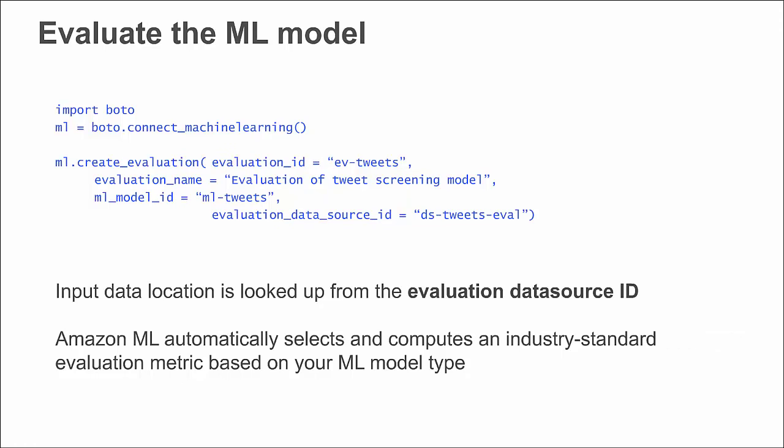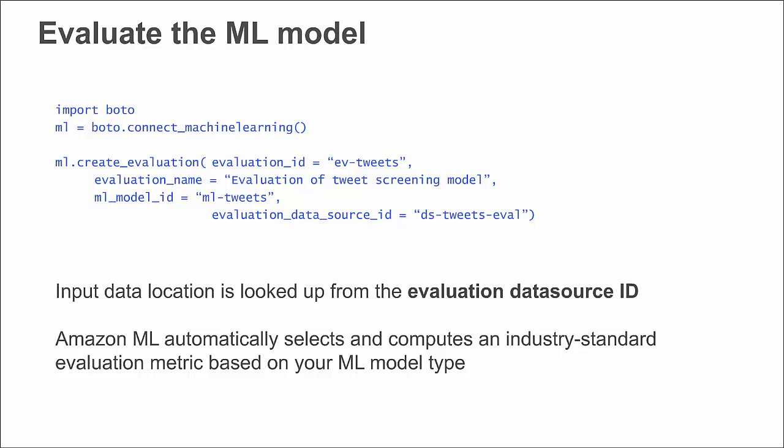Having created our machine learning model, we can go ahead and evaluate it. Evaluation is also one API call away. And what happens in the evaluation process is Amazon Machine Learning goes and computes a quality metric. And machine learning quality metrics are pretty tricky.